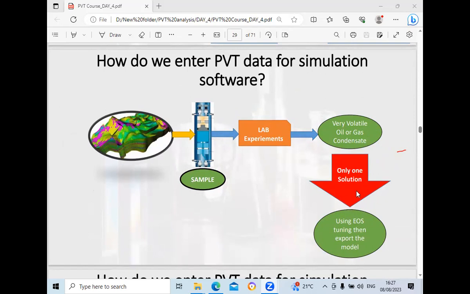In this particular case, we have just one way of modeling that fluid. There's no two way about it. You cannot be talking of PVT matching. There is no matching in this case. In this particular case, we must develop an accurate equation of state that can be used to predict these reservoir properties.